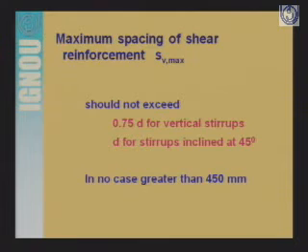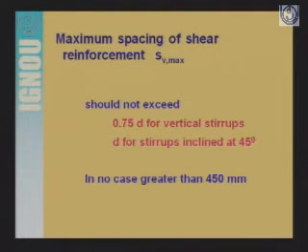Along with a rider, these limitations are specified in the code, that in no case should this maximum spacing be greater than 450 mm. Meaning if the effective depth is large, 0.75 d or d may be more than 450, but the maximum spacing should not be more than 450 mm.